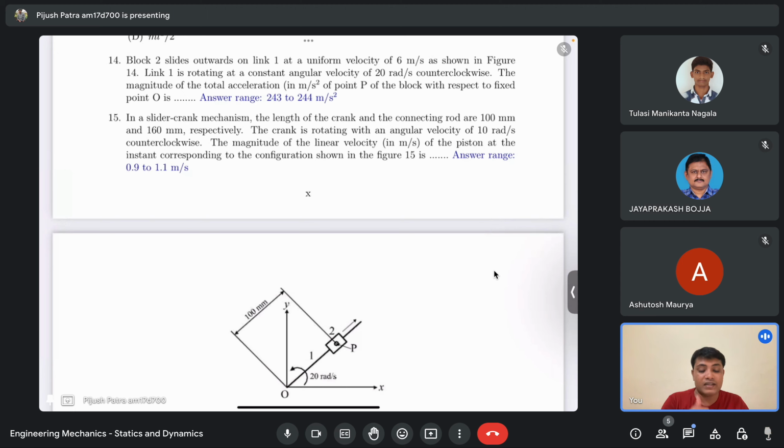And what is the magnitude of that term? It's 2 omega cross v. 2 omega cross v or v cross omega? I need to remember. Yeah, it's 2 omega cross v.